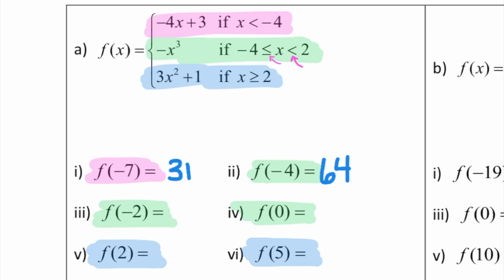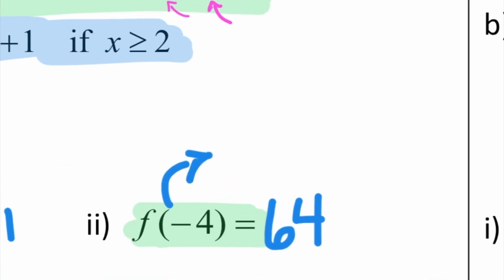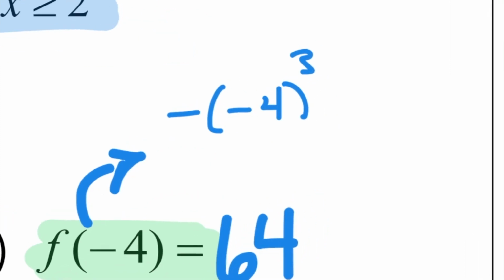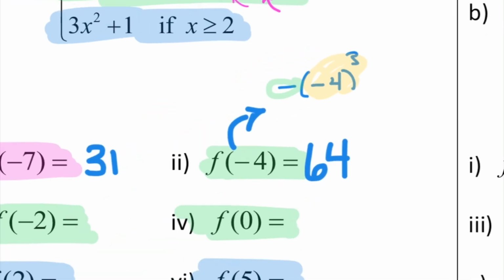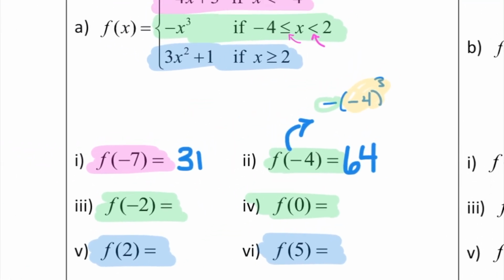And if you think about this one, when you type that into your calculator, -x cubed, -4 cubed is going to be -64, and then you've got this extra negative, so that'll make it positive 64. Make sure you track with that, or that you can type it into your calculator, but it will be positive 64. F of -2 is 8. F of 0 is 0.